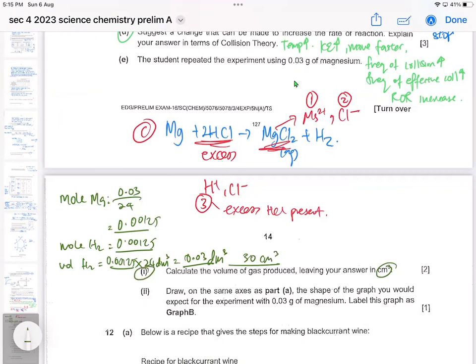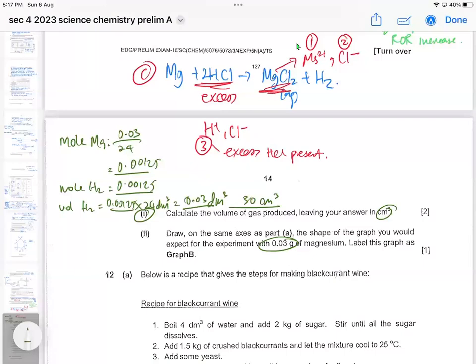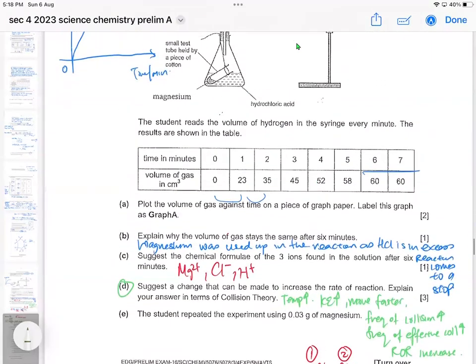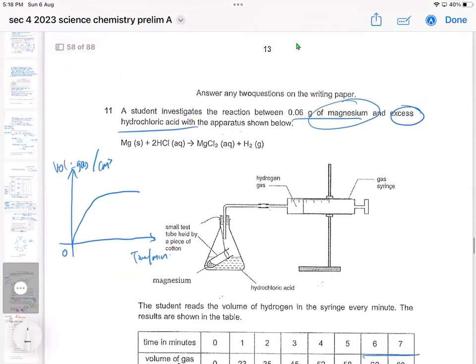Okay, the next part: 0.03 grams of magnesium. How will graph B look like? Now, this is our original graph. This original graph is 0.06. So now my graph B is 0.03, everything remaining the same.